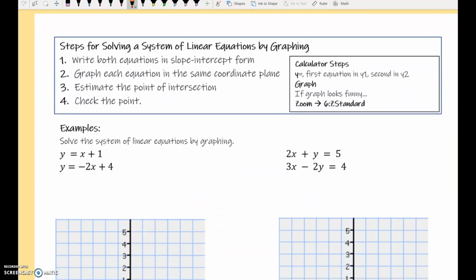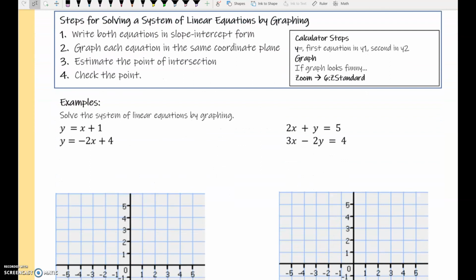Okay, I'm going to show you how to graph by hand. I'm going to show you how to graph using the graphing calculator, and I'm going to show you how to graph using Desmos.com, and then I will let you decide which method you would like to use. There's positives and negatives to graphing. Graphing is an easy way to visually see where the two lines meet, where that solution point is.